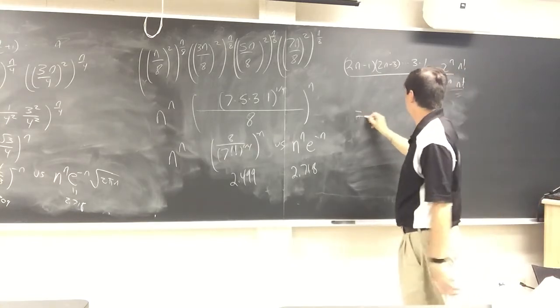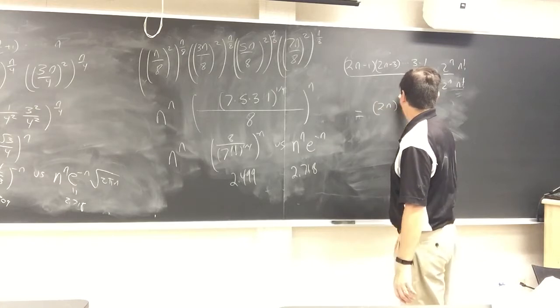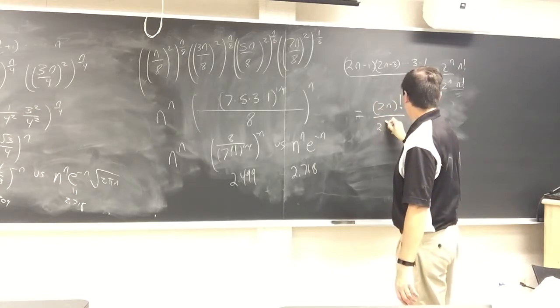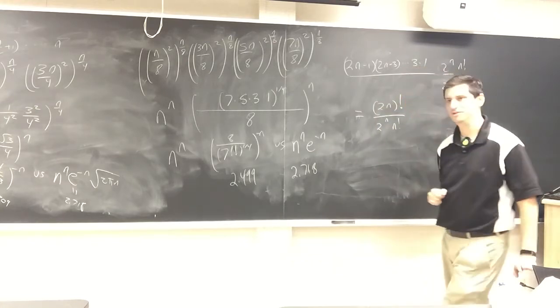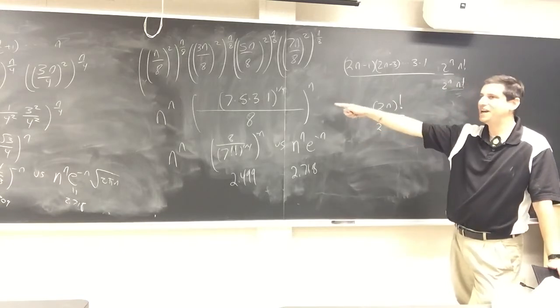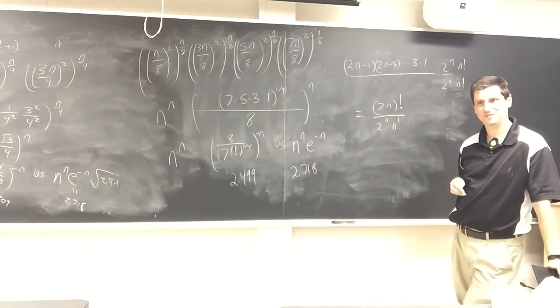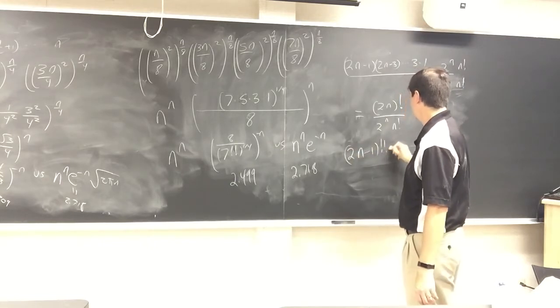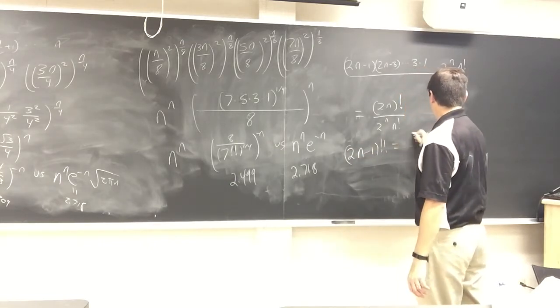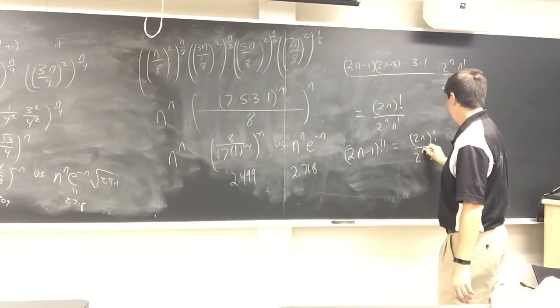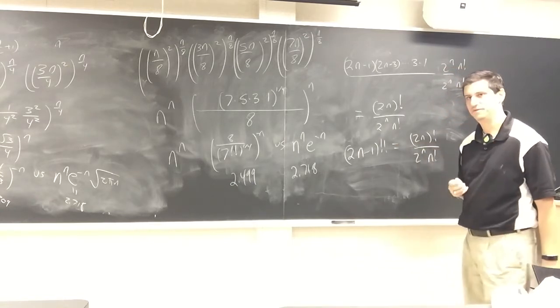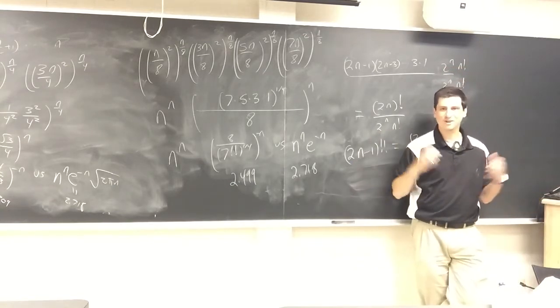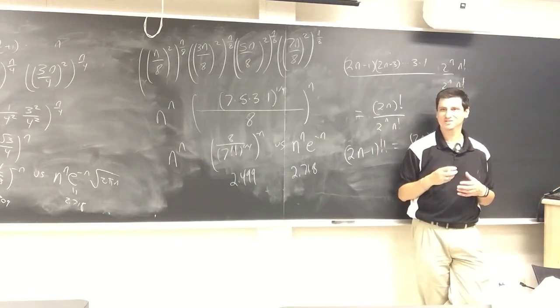So this then becomes 2n factorial over 2 to the n n factorial. So when you have the product of all the odds, 2n minus 1 double factorial is just 2n factorial over 2 to the n n factorial. So you're actually bringing in the factorial, which is what you're trying to estimate.